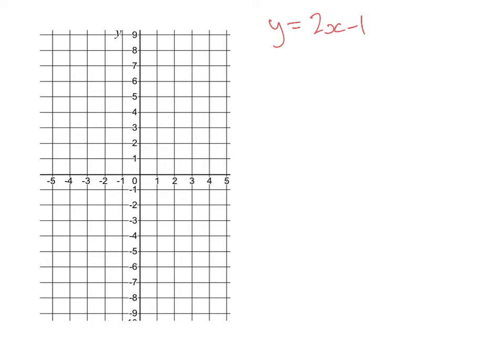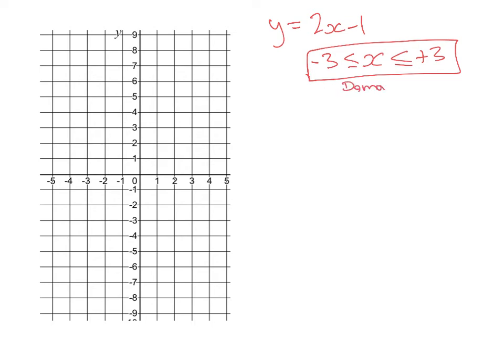So in this case, we're going to draw the graph for the domain -3 to +3. So we're going to draw it for the integer values -3, -2, -1, 0, 1, 2, and 3. That's how you represent it as an inequality. Don't worry if you don't understand it. But that is the domain. Okay, people often call it the range, but that's not the range. The range is the output values. This is the domain, which is the input values, the x values.